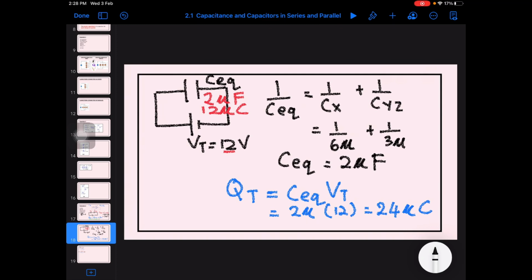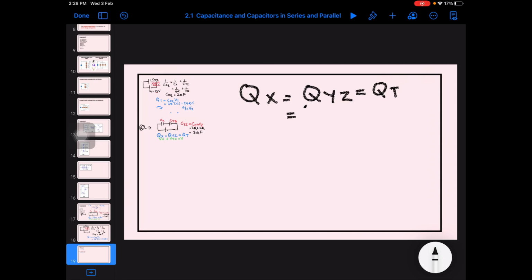Balik. It is, this one is 24, okay? 24 microcoulomb. So we have QX equals to 24 microcoulomb.